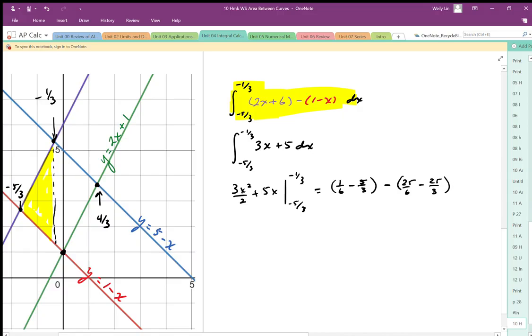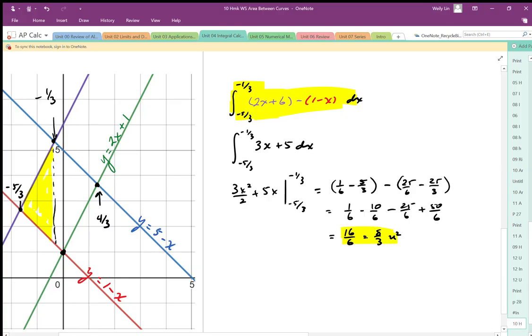Working that out, let's use a common denominator of 6. So 1/6 minus 10/6 minus 25 over 6 plus 50 over 6. This gives me 51 minus 35, which gives me 16 over 6, which is 8 over 3 units squared. So that's going to be the yellow area that I've established here.